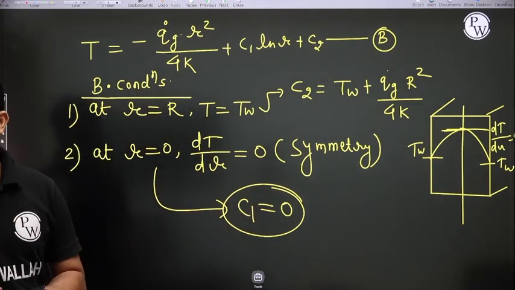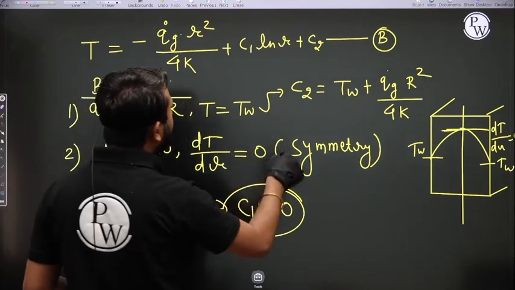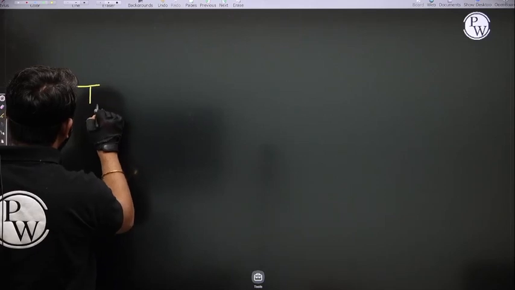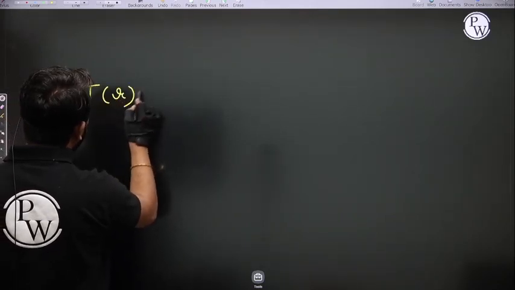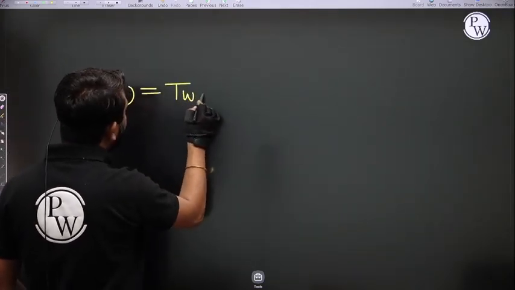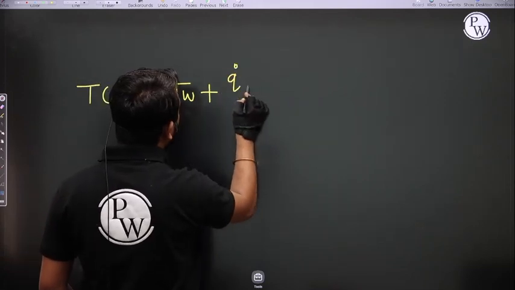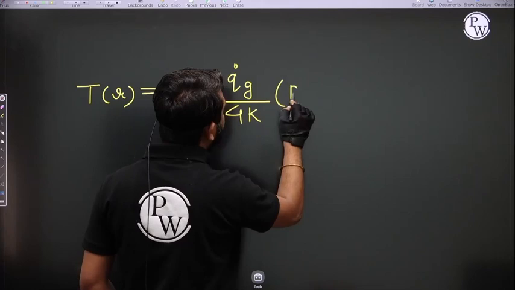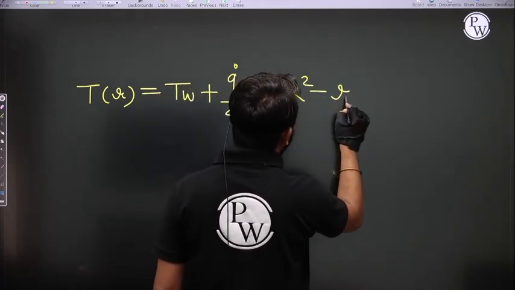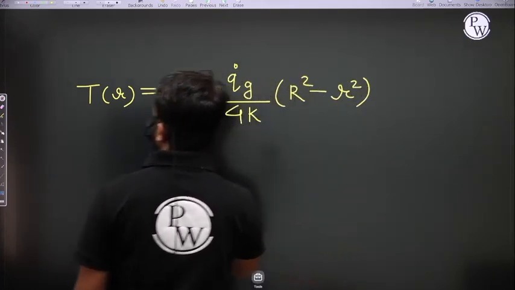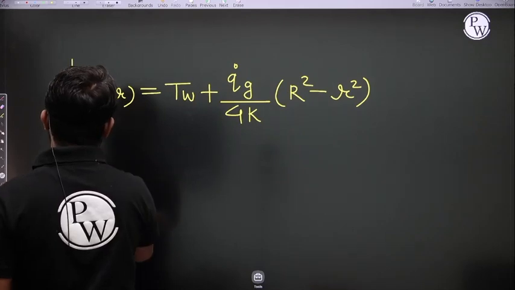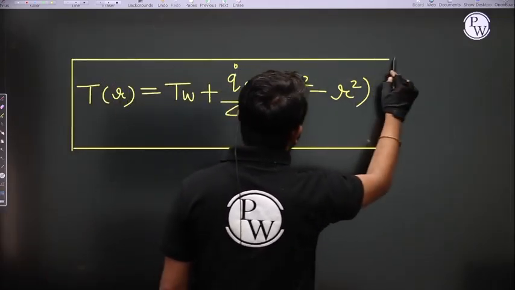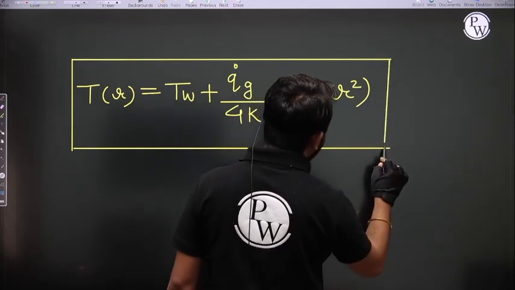So ultimately, if you put this C1 and C2 in equation B, what you are getting is T of r equal to TW plus q dot G by 4K times capital R square minus small r square.